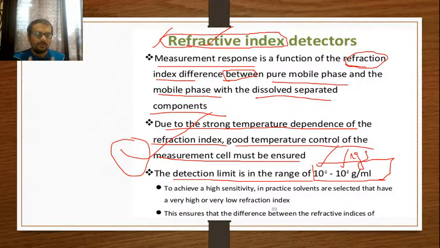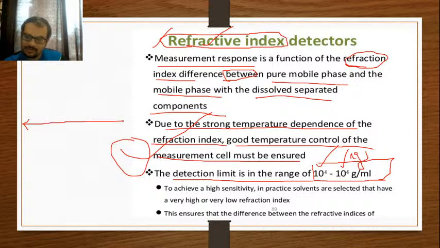Remember, if you go for refractive index calibration, or rather scaling, scientists have generally chosen the solvent somewhere at the margin of the scale. Okay.